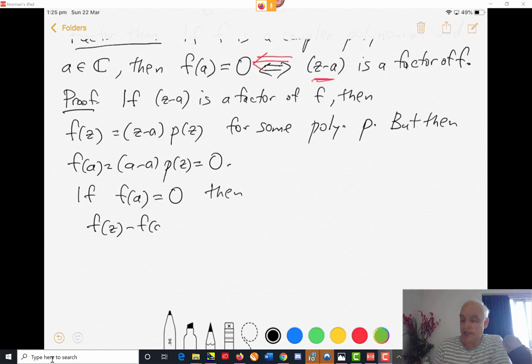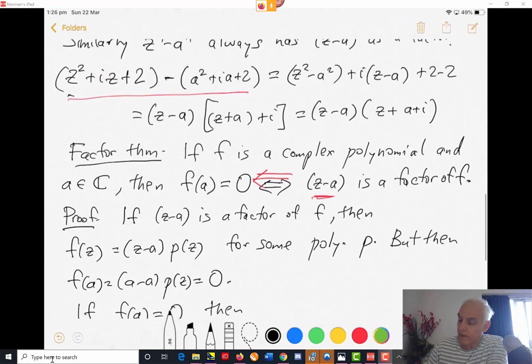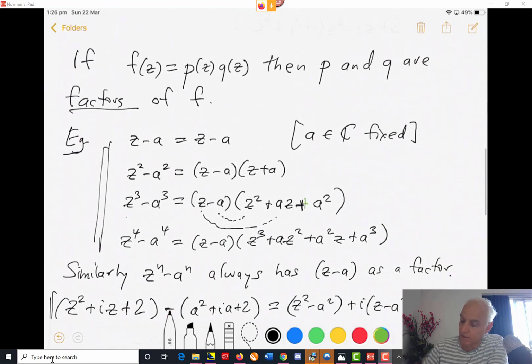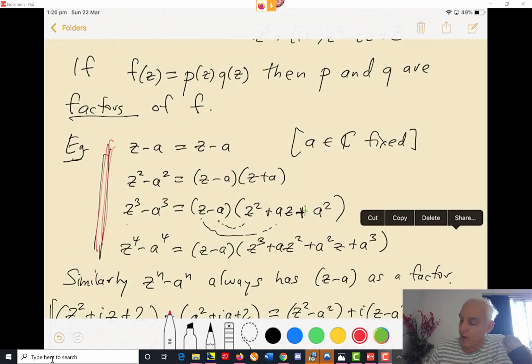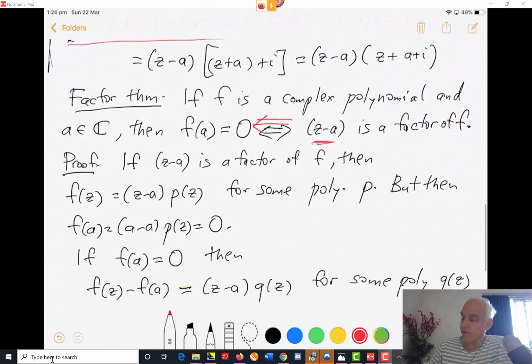We know that that expression is going to be equal to z minus a times some polynomial, say q of z, for some polynomial q of z. Again, the reason for that is exactly as I've indicated in this example here. It's simply an application of these kinds of fundamental equalities to realize that every term is divisible by z minus a.